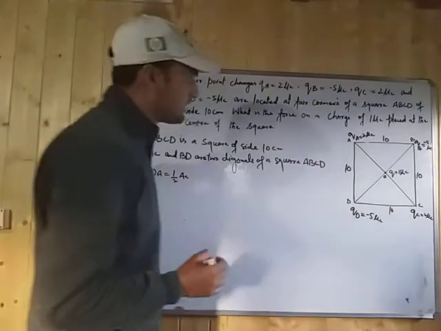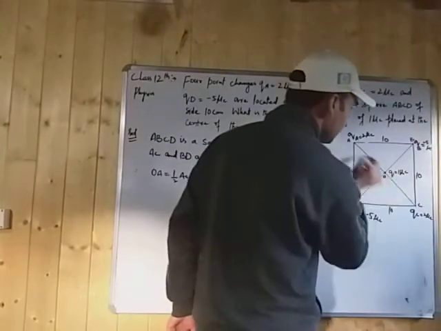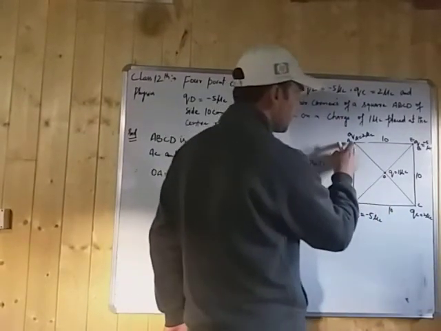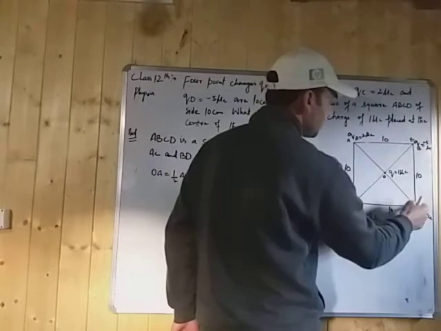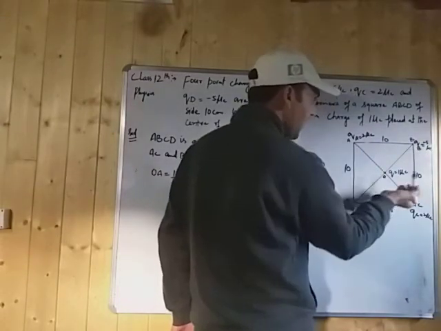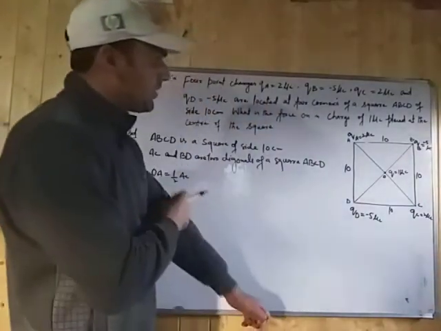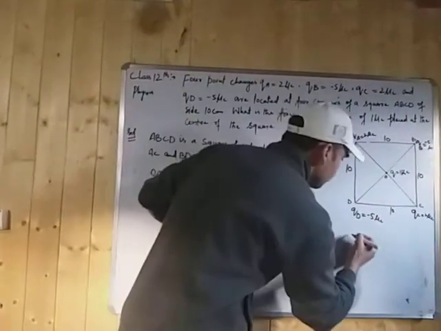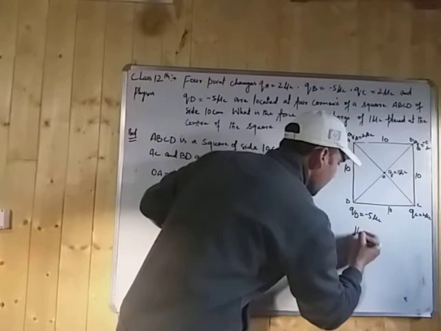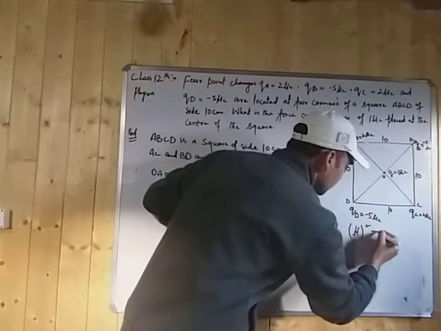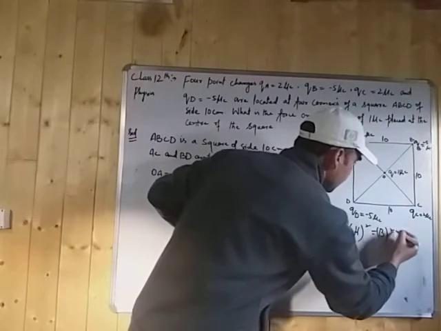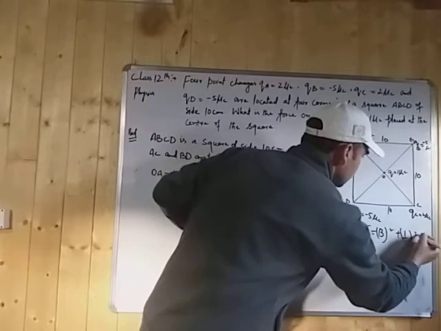Now we have to calculate this AC. What is this AC? Now we have a right angle triangle here. ABC is a right angle triangle, so we have hypotenuse, base as well as perpendicular. By Pythagoras theorem, hypotenuse square is equal to base square plus perpendicular square.